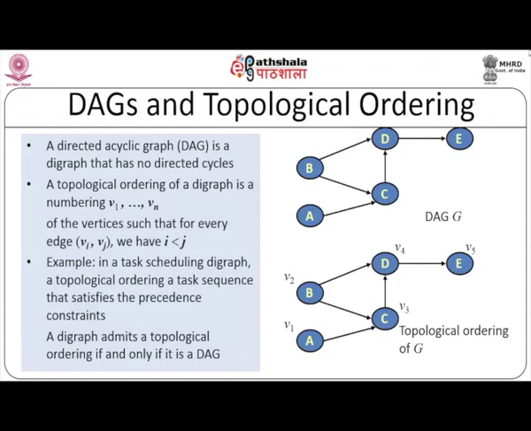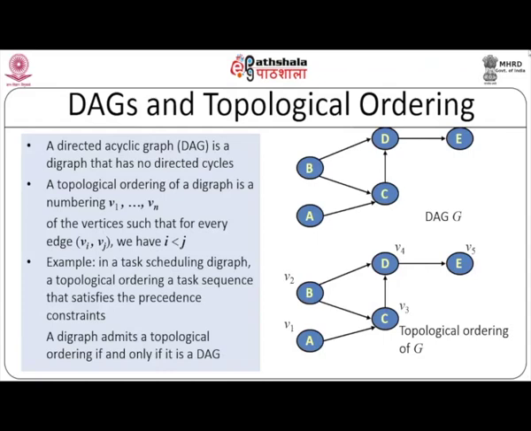That means the precedence constraint is that i will be done before j. In a task scheduling digraph, a topological ordering is a task sequence that satisfies the precedence constraints. So, only if a digraph is a DAG, that is, it does not have any cycles, can you have a topological ordering. If it has a cycle, it does not have a topological ordering.